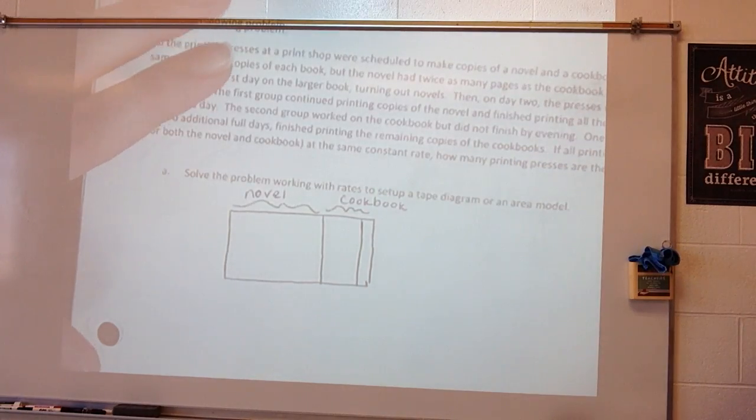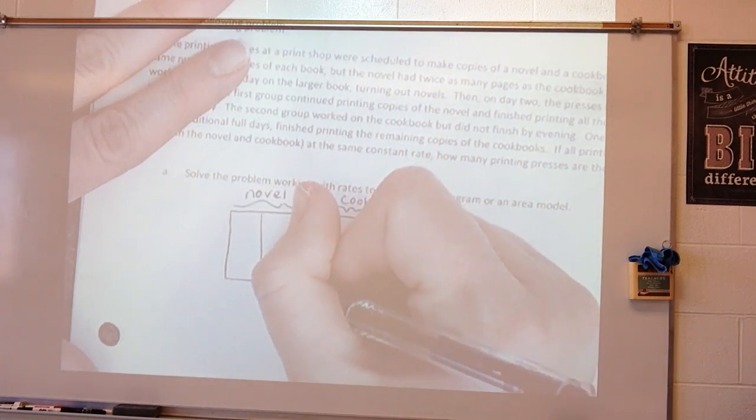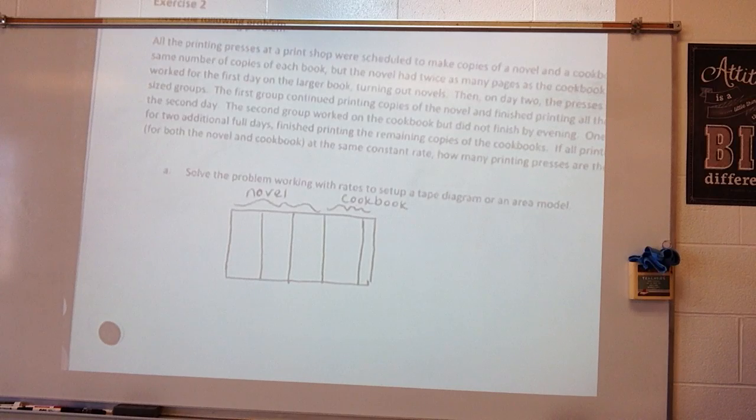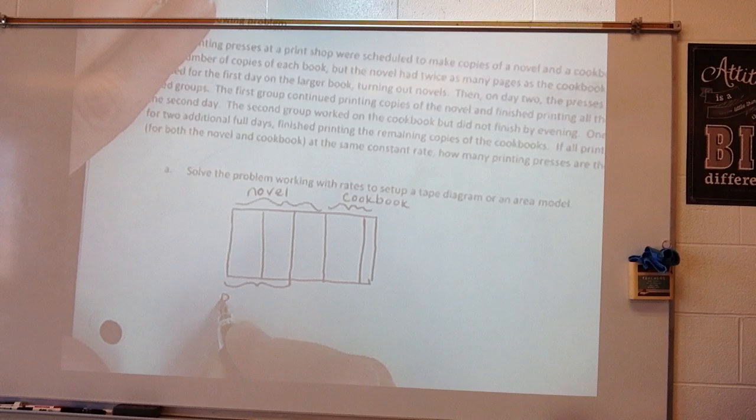So our novel. We're going to label this day 1, and that was all printers.